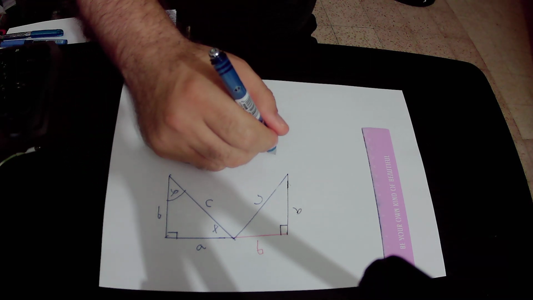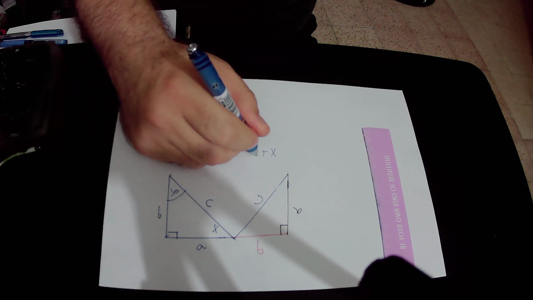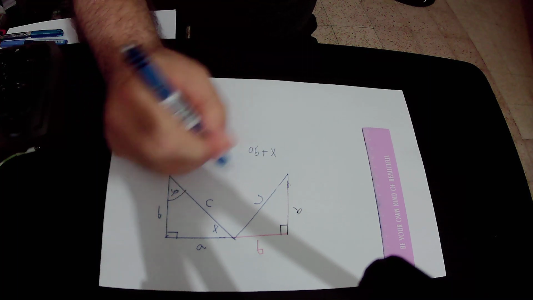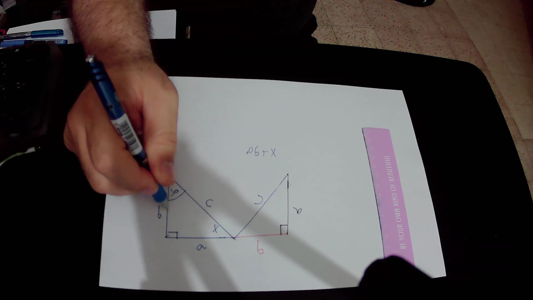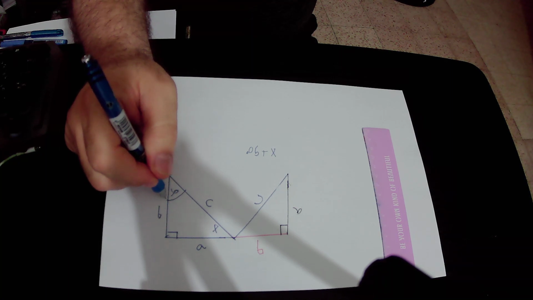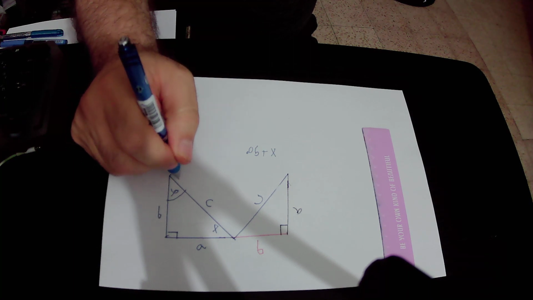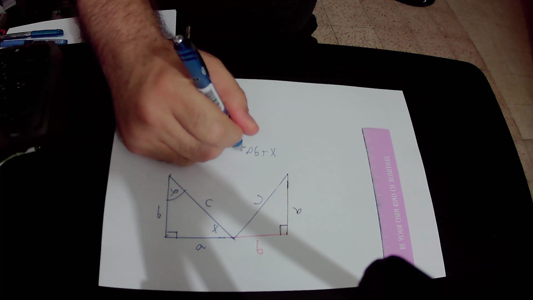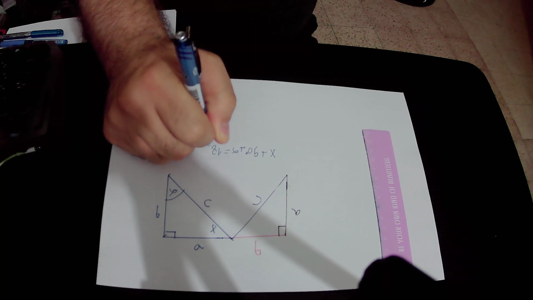Okay, x plus 90 degrees. Here is 90 degrees because B is perpendicular to A. That is how we built sides A and B. And plus alpha equals 180 degrees.